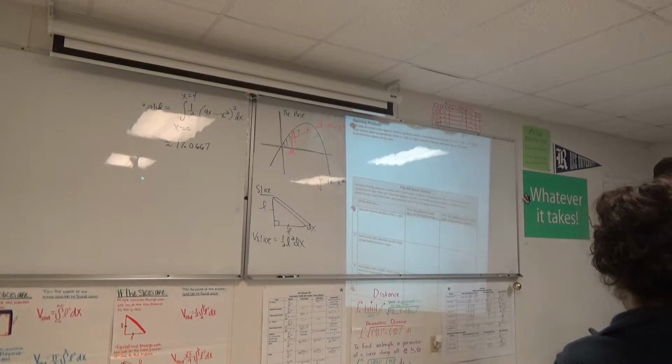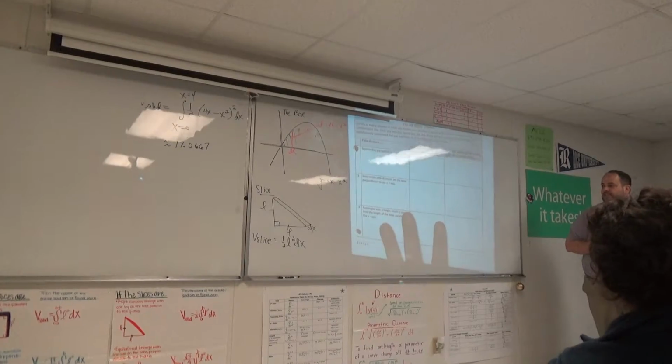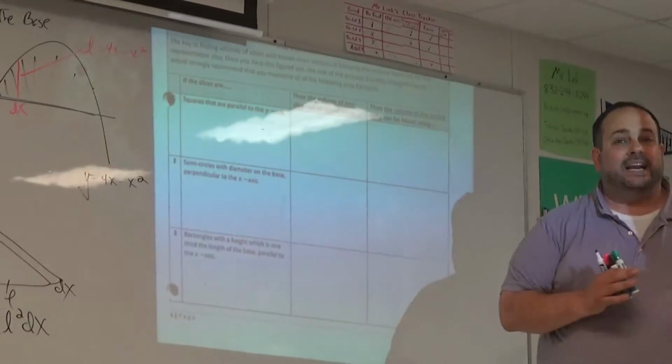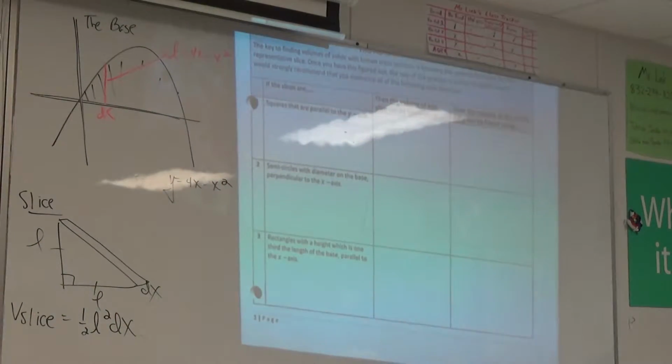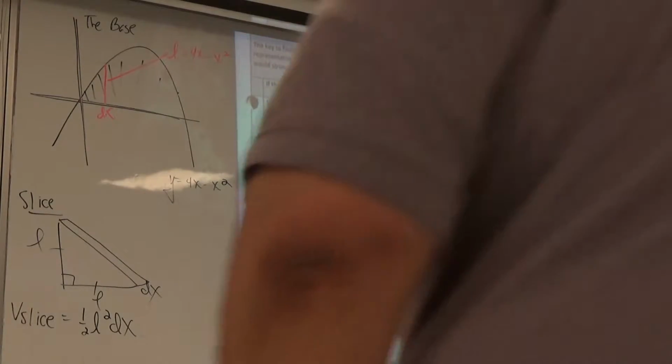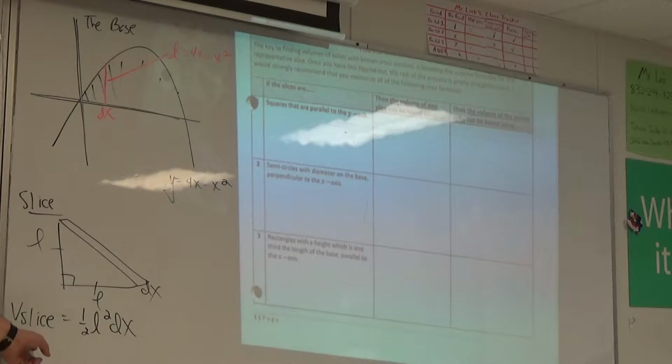Here's what I want to do. For the next 15 minutes, I want to focus on the slice. Once you figure out what the slice looks like and how to find its volume, everything is easy. If you've got the base, you've got the slice. Once you've got the volume of the slice, you get the volume of the solid and you're done.